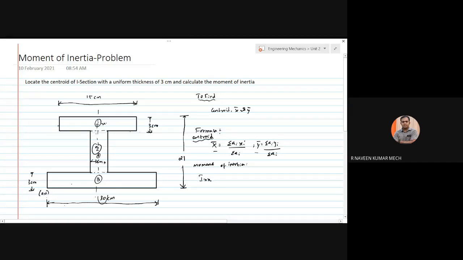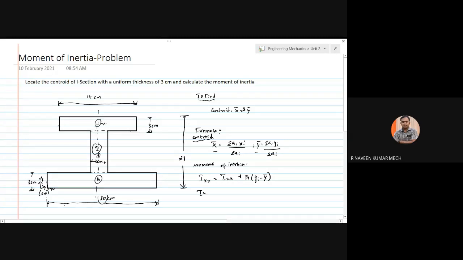Since we are calculating with reference to this point, the origin x y, and with reference to the x axis, the distance will be based on y, which is yi minus y bar.